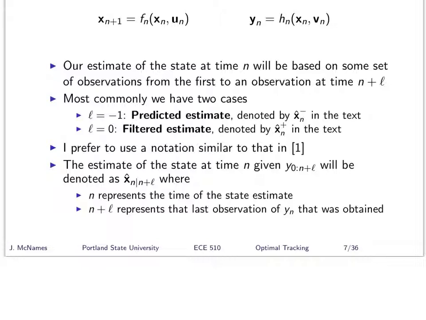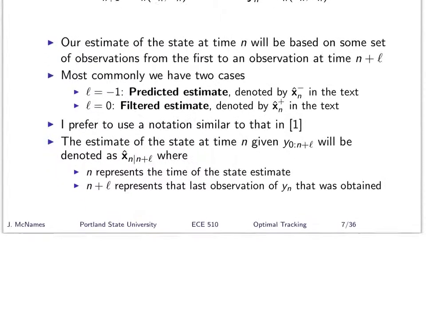So we're estimating the state at time n, and we've got measurements from 0. It's always from 0, so I didn't include that here, 0 all the way up until n plus L. And so the way I would denote the predicted estimate is x hat of n given n minus 1, and the filtered estimate is x hat of n given n. So that's a notation you'll see used throughout the slides for the entire course.